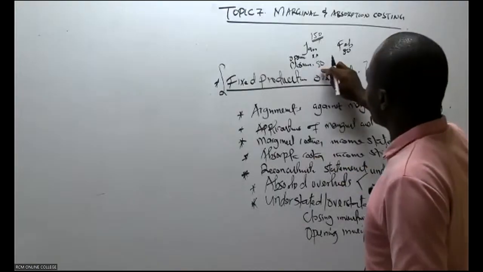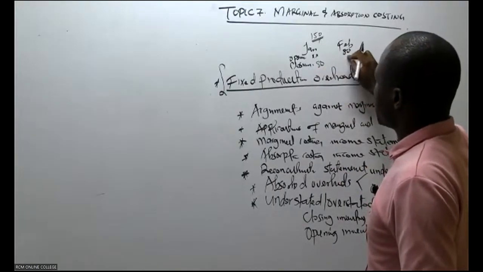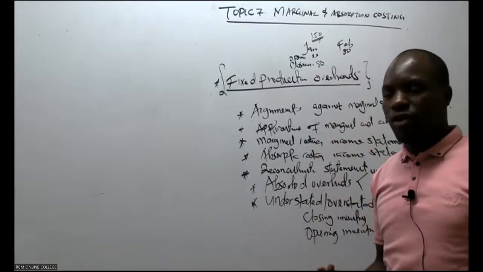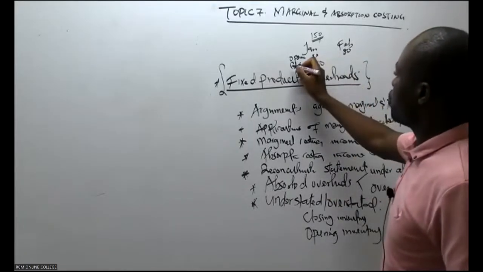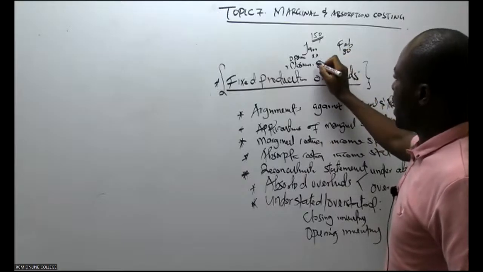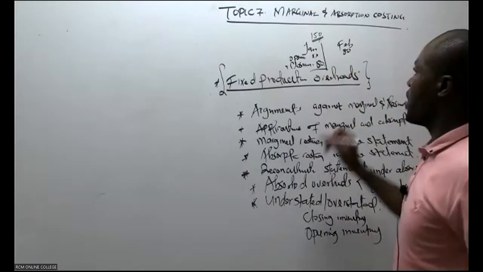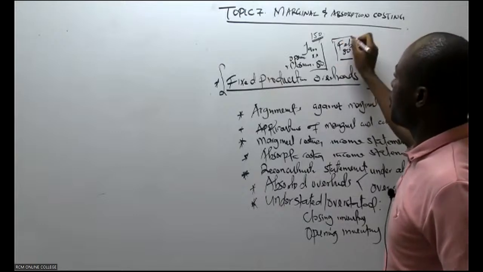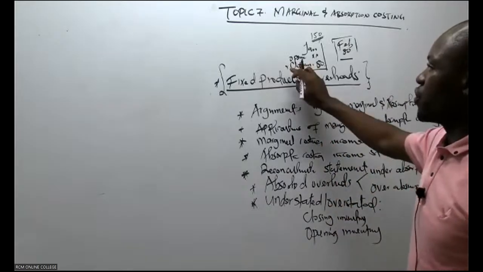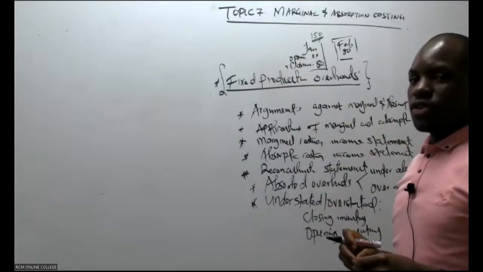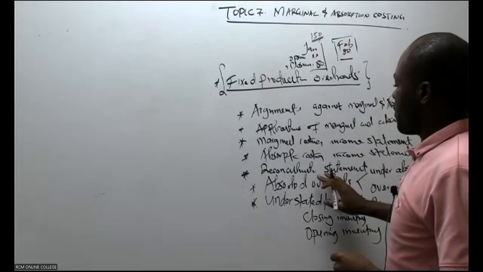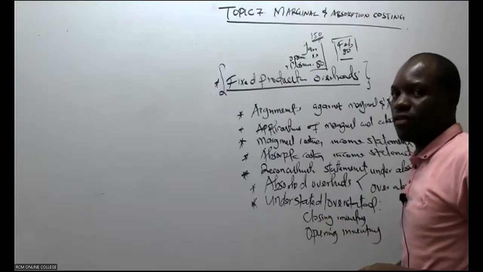We have the same closing inventory going to affect transactions in the month of February as an opening inventory. And therefore, even though it might look like the same thing, how we use it here, we call it closing inventory. When we now move to the subsequent period, we call it opening inventory, and they have different effects on the cost of sales. So because they have different effects on cost of sales, we are automatically going to see their effect on our net profit at the end of the day.